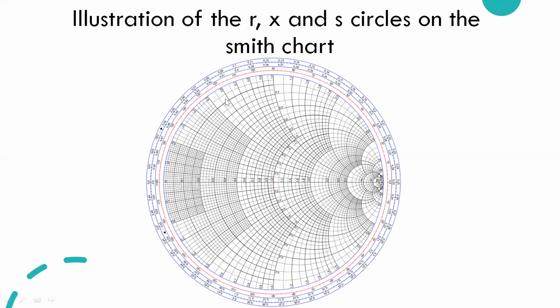Of course it is visible. This is for R equal to 0, R equal to 0.1, R equal to 0.2, and it goes on increasing. So the R equal to 0 circle is this one, and here the R equal to 0.5 circle is this one.